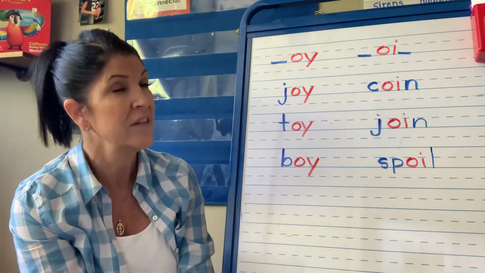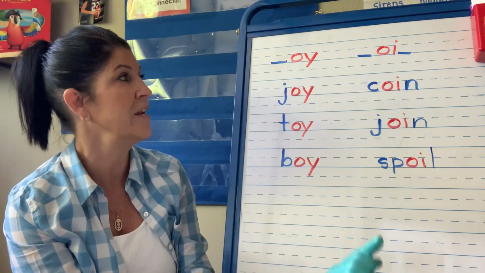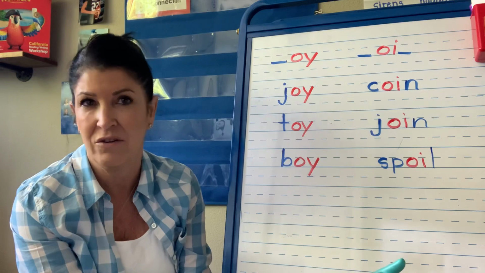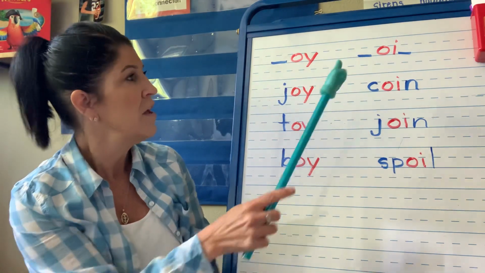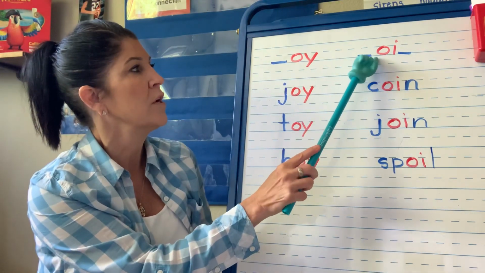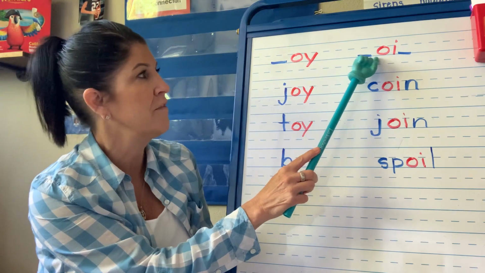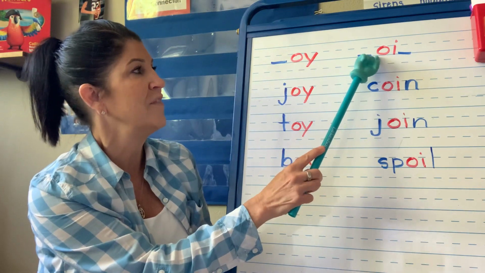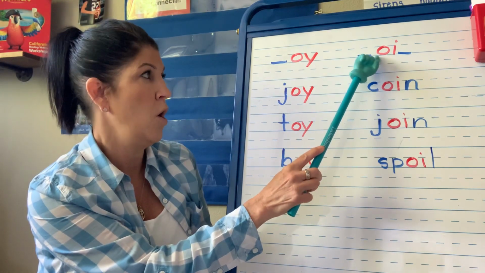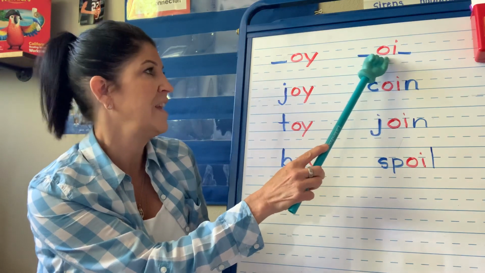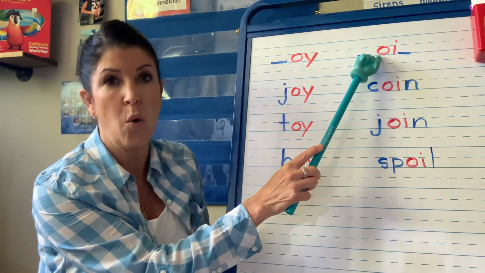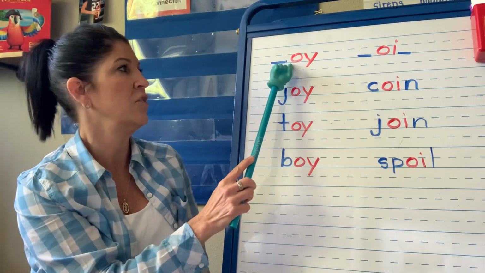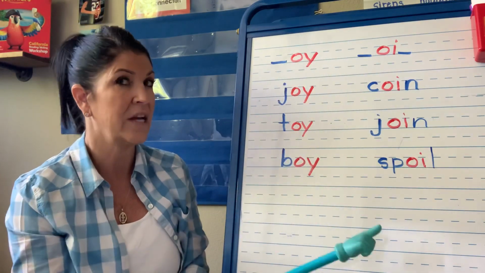This is different. This is called a sliding sound, and a sliding sound is called a diphthong, and you don't really need to know that, but diphthongs completely change the sound of the vowels. So instead of this saying ah or o, or this saying I or I, it says oi. Okay, and this also says oi. They both say the exact same thing.